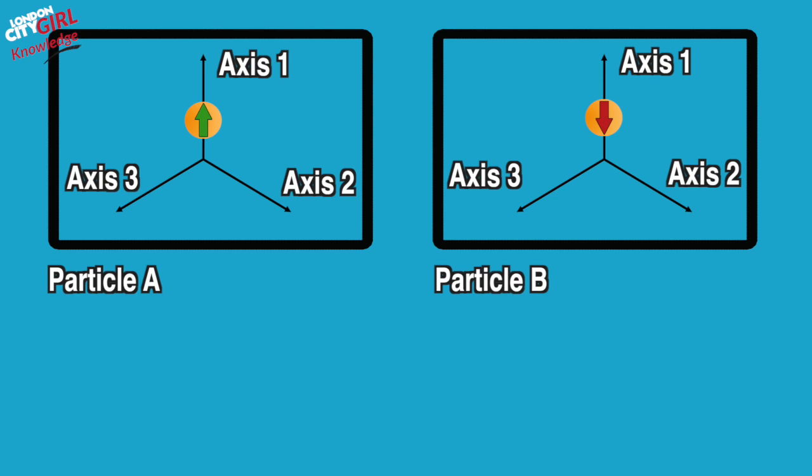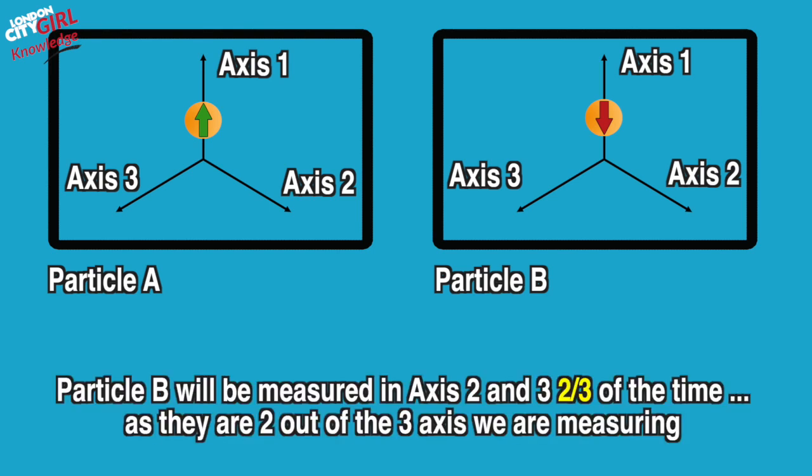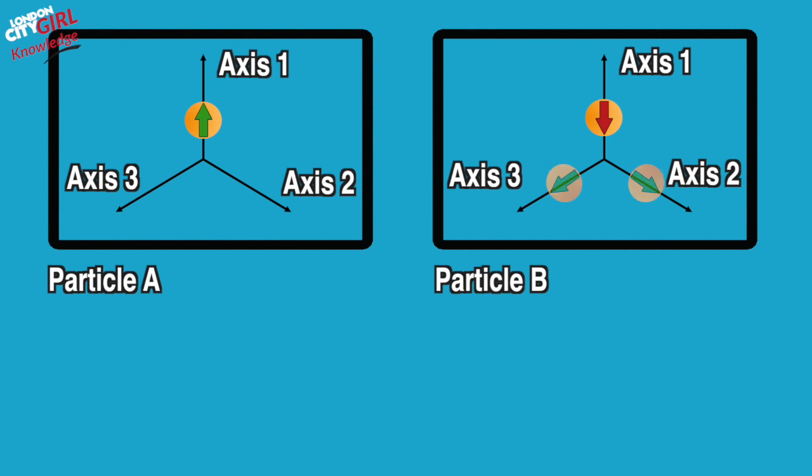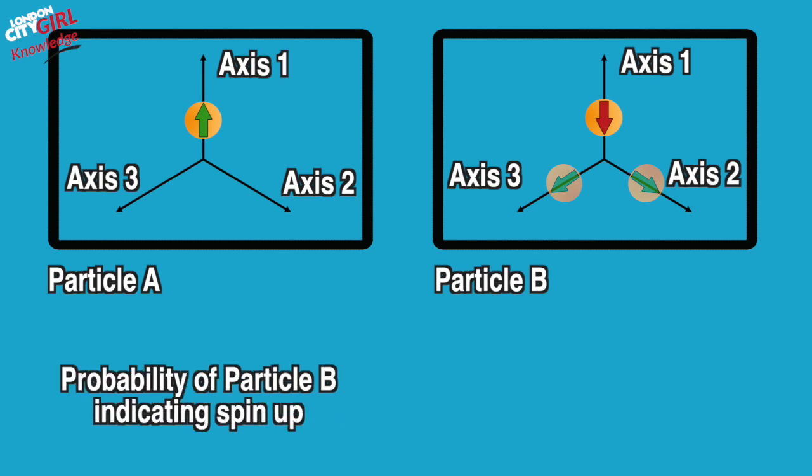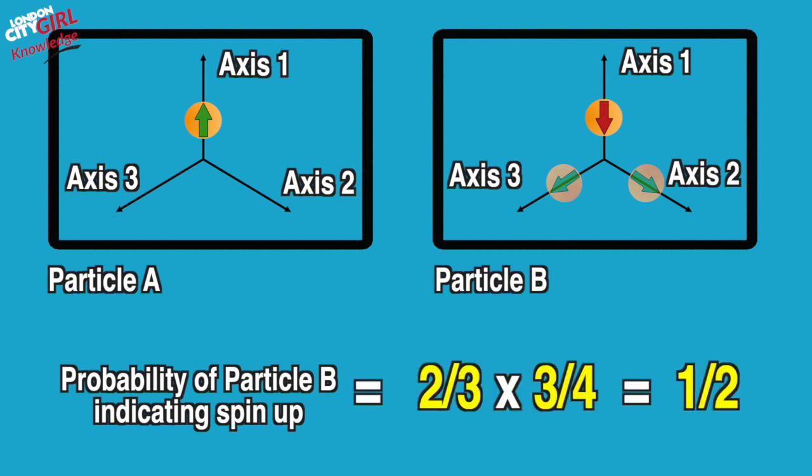So in the experiment, when particle A is measured as spin up in axis 1, particle B will be measured in axis 2 or 3 2/3 of the time, as there are 2 out of the 3 axes that we are measuring, and as the particle will be spin up 3/4 of the time in those axes, the probability of particle B being measured as spin up is 2/3 multiplied by 3/4 equals half of the time.